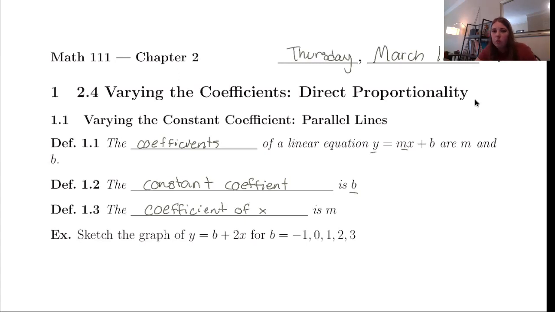So usually coefficient of x just means that number in front of x. Constant coefficient, it's just like chilling out by its own. It's a constant number. Came to the party alone. So constant, if it's just a number by itself; coefficient of x, it came with x, m and x, they're like BFFs, okay? So is that clear, the difference between a constant coefficient and a coefficient of another variable?